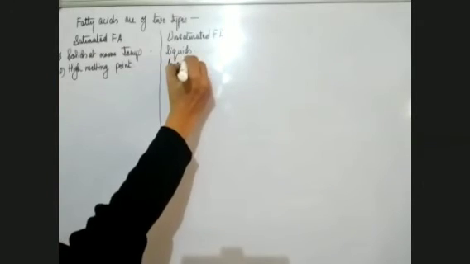Now, if these are solids at room temperature, obviously their melting point will be high. So saturated fatty acids have high melting points, and unsaturated ones have low melting points.